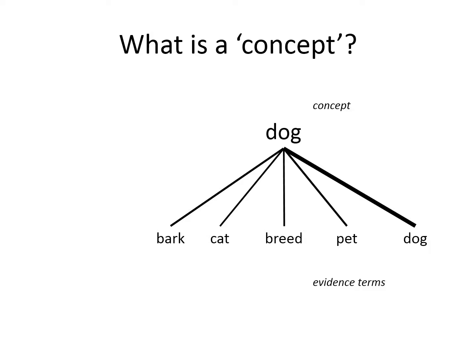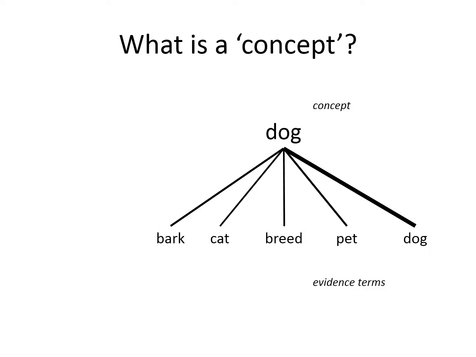In this case, we have five words: bark, cat, breed, pet, and dog, that are evidence terms that evoke the concept dog. Dog is chosen as the name of the concept because it has the highest weighting within this collection of words. It is present most frequently within a variety of sentences that also mention the words bark, cat, breed, and pet. And so we bind these together and create a concept.